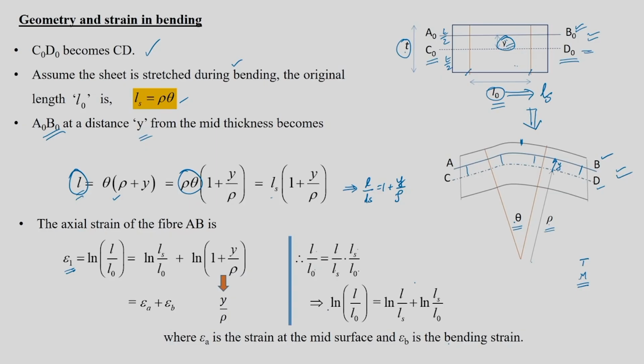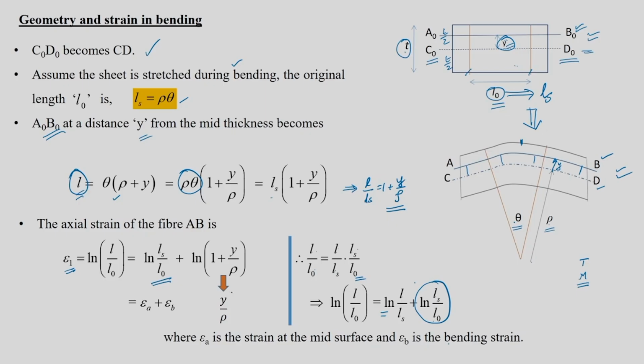If I take a logarithm, ln of L by L naught is nothing but ln of L by Ls plus ln of Ls by L naught. So, ln of Ls by L naught will remain as it is here. Plus ln of L by Ls, which is nothing but ln of 1 plus y by rho.